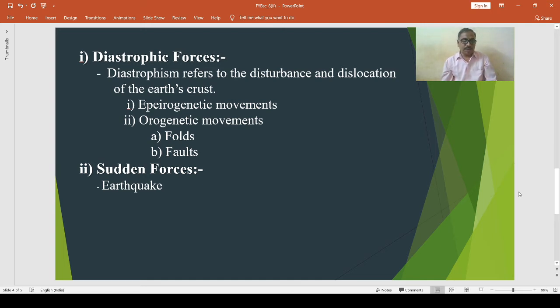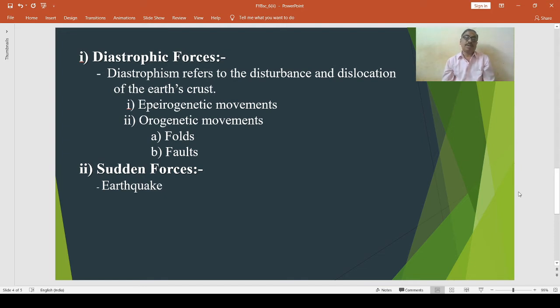Then types of folds according to the intensity of compression and shape of folds. There are different types of folds. These are symmetrical folds, asymmetrical folds, monoclinal folds, isoclinal folds, recumbent fold, overthrust folds, etc.